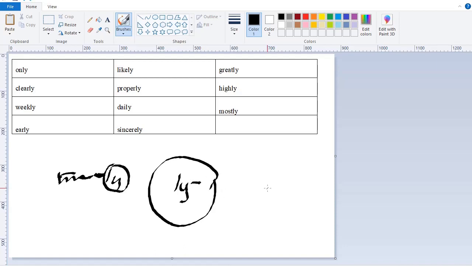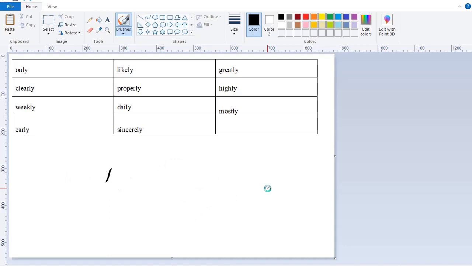Okay, let's repeat. Your LY is represented by your small E symbol, small circle, which is equal to LY.